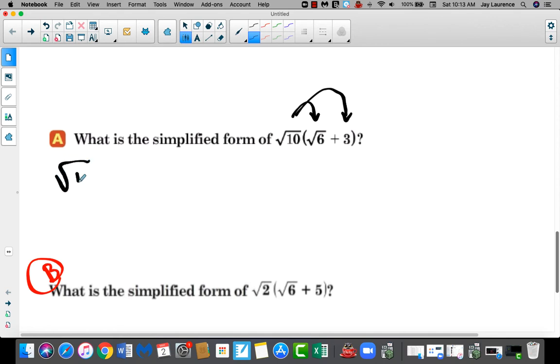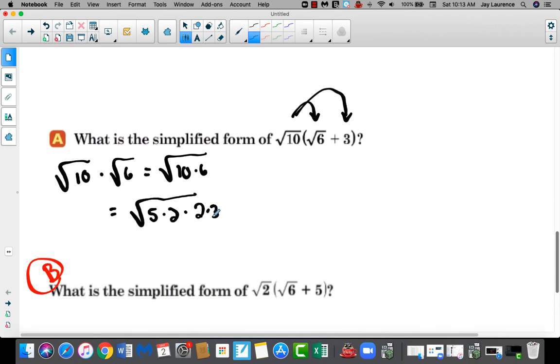I know I've got rad 10 times rad 6. I could think about that as rad 10 times 6. And again, I'm not going to say 60 because I see a common factor between these two other than 1. I can think about 10 as 5 times 2. And I can think about 6 as 2 times 3.